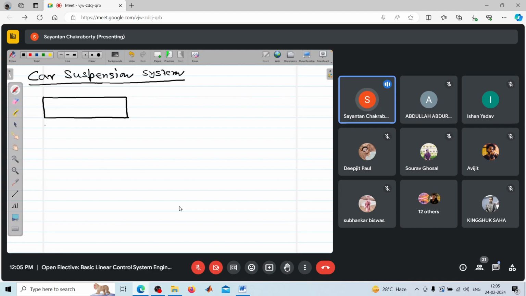it comprises of, say, this is the mass of the car, and this is the center of mass.